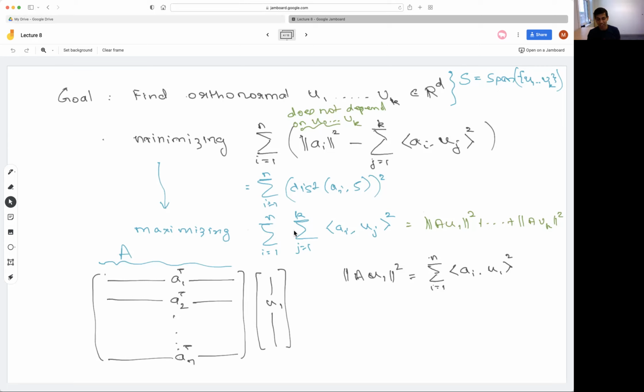And the way to minimize the distances is actually to output the space S, which is the span of the first k right singular vectors.